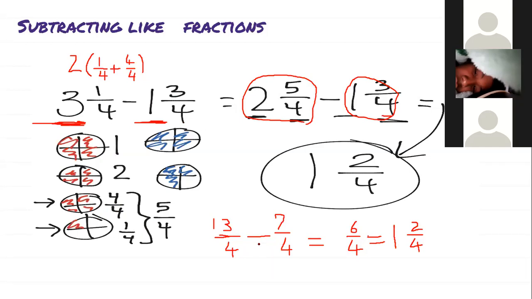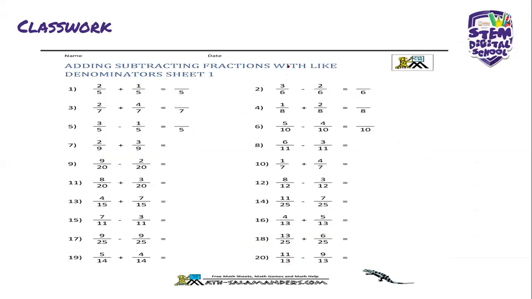Beautiful. Let us go into our exercise so that we can see whether we truly do understand. Here is an exercise for you guys.